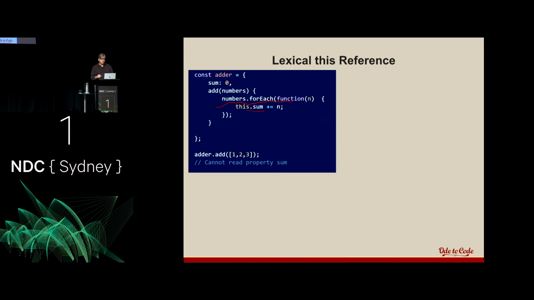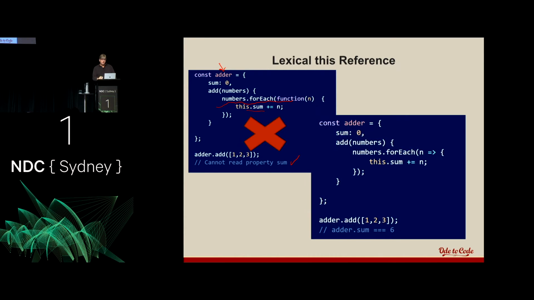Well, it's not going to be pointing to this adder object that I'm inside of, because the this reference, we know in JavaScript, it's dynamic, it's slippery, it's set up by the call context. So when forEach calls my function, forEach isn't going to call my function and pass in n and set up the this reference for me appropriately. So this is probably referencing the window object, and I'm going to be getting an error, cannot read properties sum, if I try to execute that code.